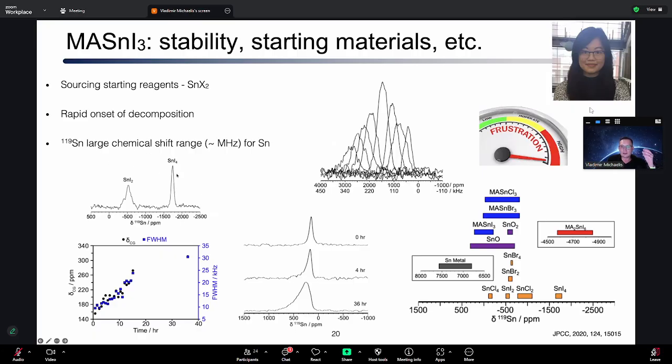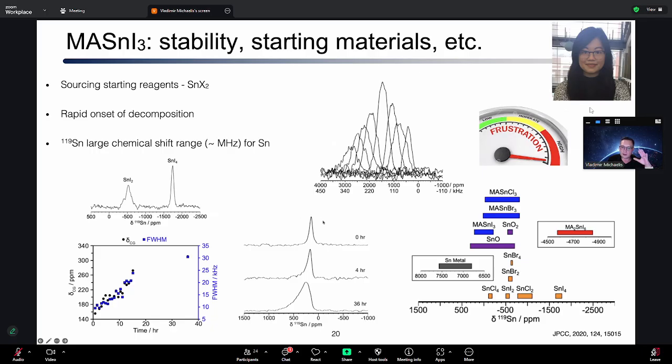A lot of the chemical suppliers we were buying our tin(II) iodide from actually had a substantial amount of tin(IV) iodide. This is quite challenging to differentiate in diffraction sometimes, but it's quite easy to differentiate from solid-state NMR. In addition, you have the onset of rapid decomposition.